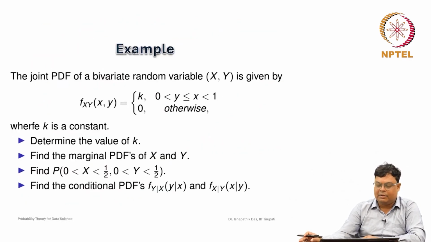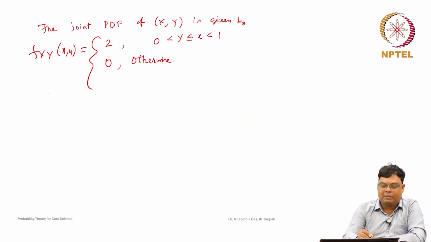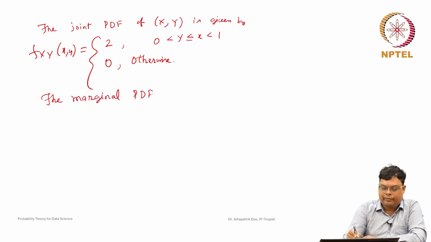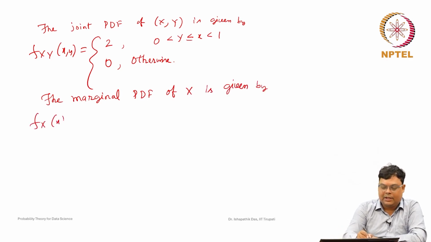Find the marginal probability density function of x and y. So we have to find the marginal probability density function of x. By definition, f of x is the integral from minus infinity to plus infinity of the joint density f(x, y) dy.